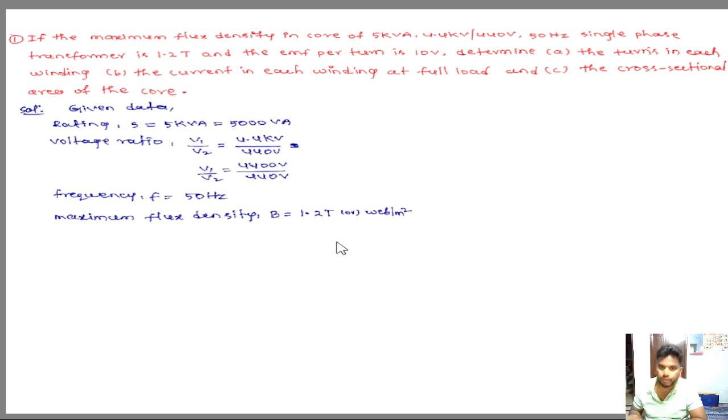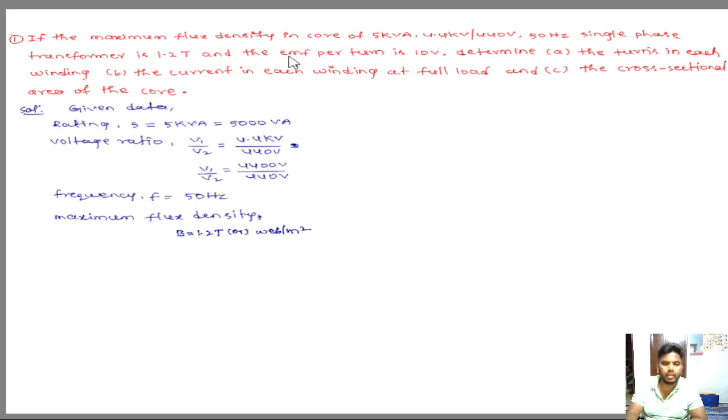Remember, the unit is Webers per meter square. Maximum flux density B is equal to 1.2 Tesla, or Webers per meter square.